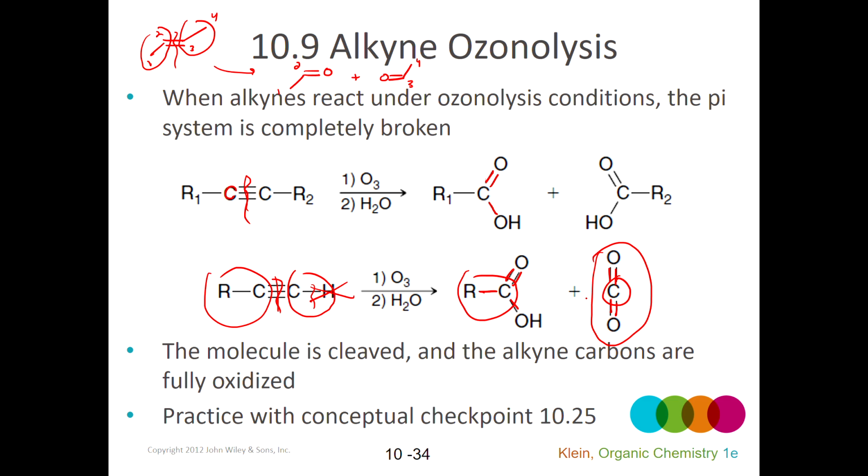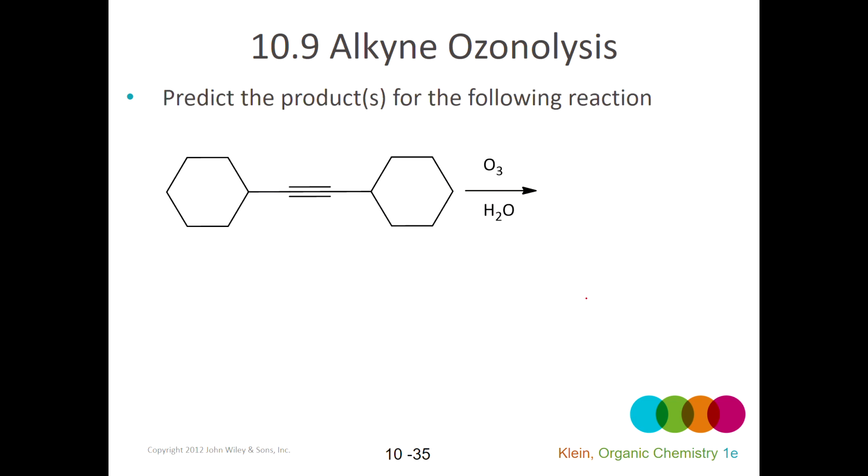So again, you don't have to know the mechanism for that in detail, but you do want to be familiar enough with the patterns of that reaction to be able to predict the outcome. Right, so here's an example of that. So I want to do ozonolysis on this alkyne. Just count the carbons to make sure I don't lose any. So I'm noticing that this is symmetrical.